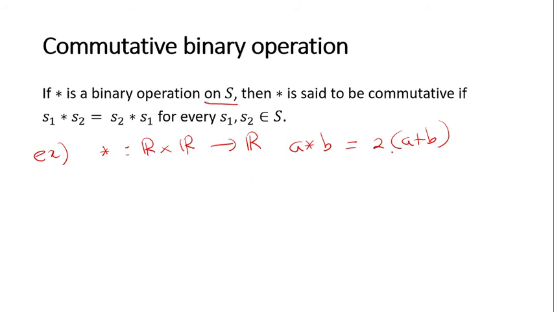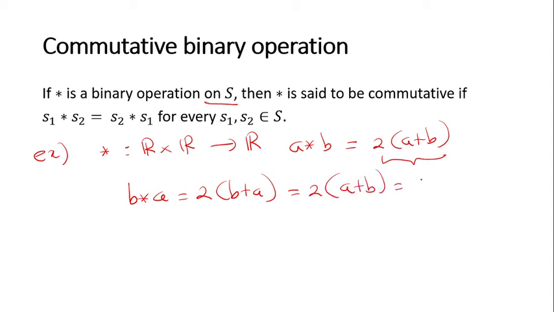A and b are real, therefore this is also a real number, so this is a binary operation. We need to check the commutativity of this operation. What is b star a? That is 2 into b plus a according to the definition. Since real numbers are commutative, you can write this as 2 into a plus b, and this is equal to a star b. So this is a commutative binary operation.